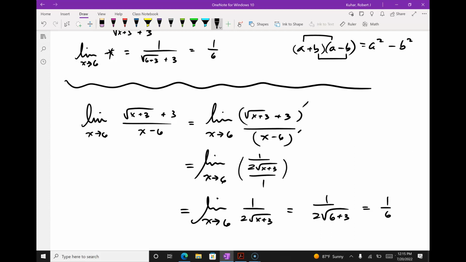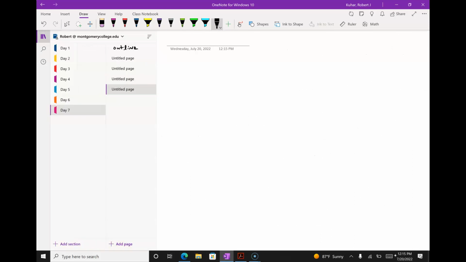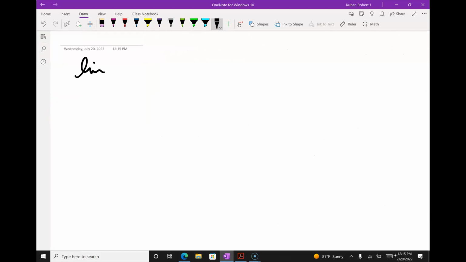I think we did this one yesterday, but let's do it again. Let's see. The limit as x goes to 0 of cos of x minus 1 all over x. Sorry, lost my mind for a second.